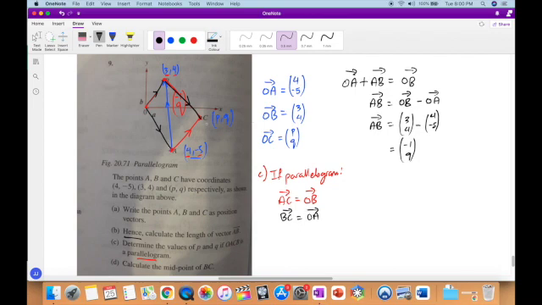So if that's a parallelogram, I know all of those things are equal. So let me just move this right there.